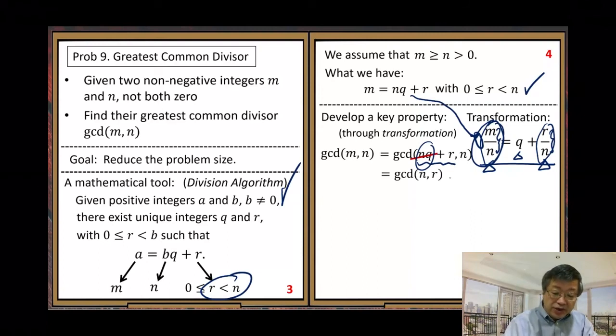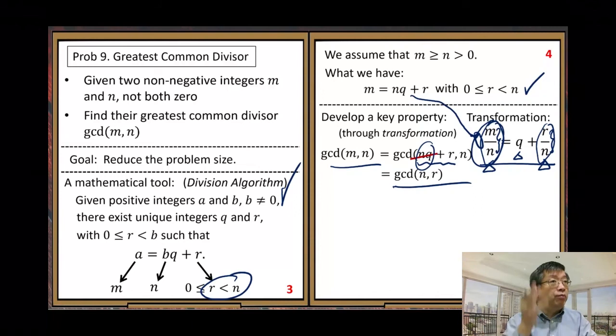So the result: GCD of m and n equals GCD of n and r. This gives us the concrete problem size reduction, because in this new expression, the problem size is reduced.